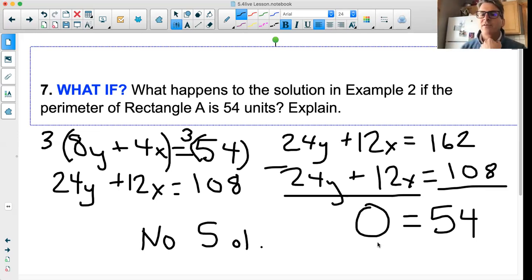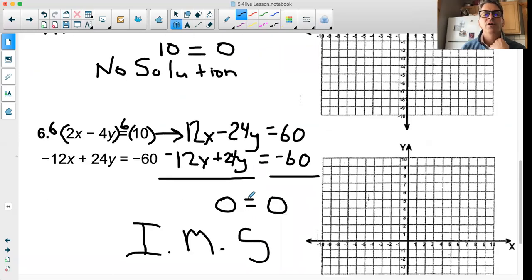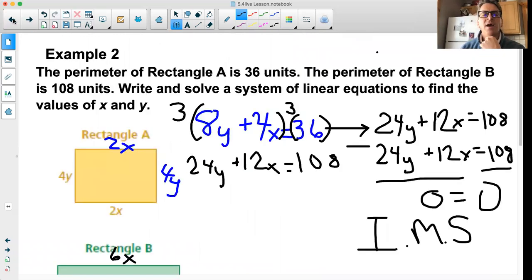If you get something crazy like 0 is equal to 54, you're going to have a no solution problem. If you get 0 equals 0, it'd be IMS, infinitely many solutions. Basically the lines are the same. And you keep an eye out for those types of problems.